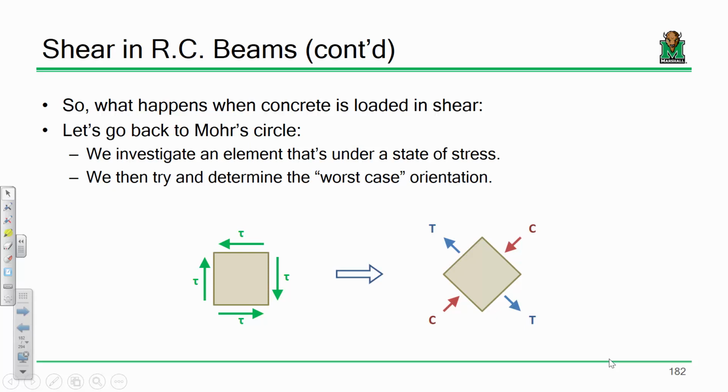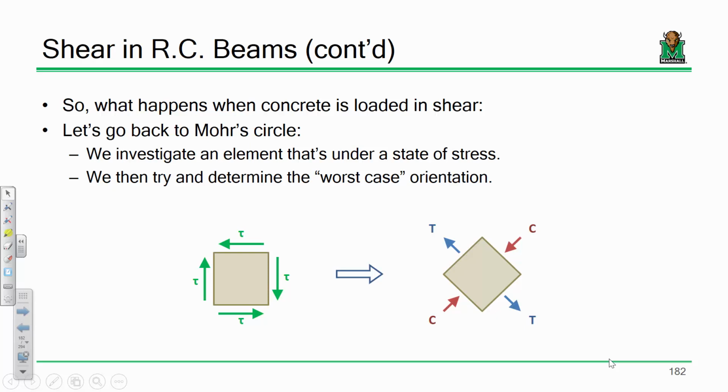Here's the section, and I'm yanking on it, and I cut it at some angle. I'm going to get some normal stress component and some shear stress component. Now, if all you're doing is yanking on it, that doesn't really make a lot of sense, because the absolute worst case scenario is to cut it at 90 degrees.